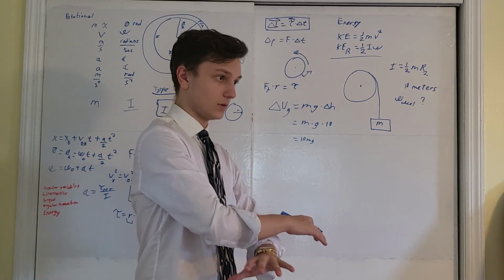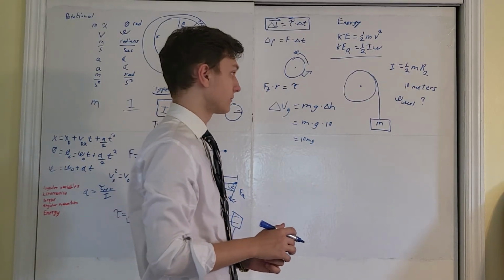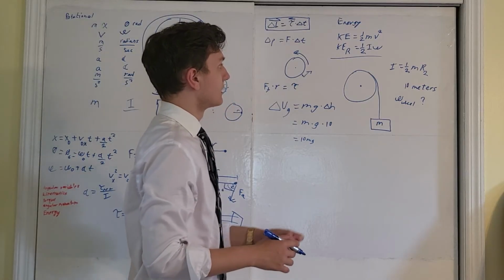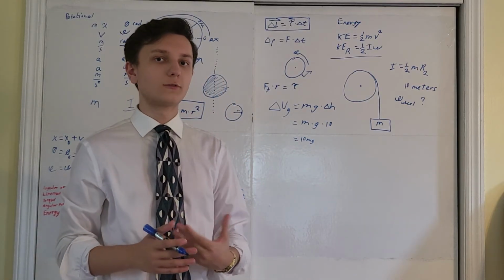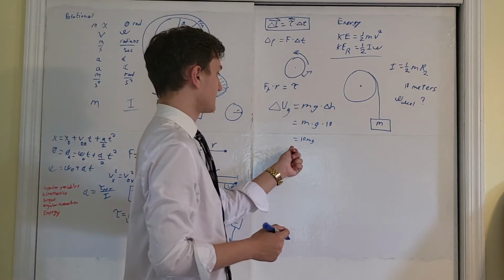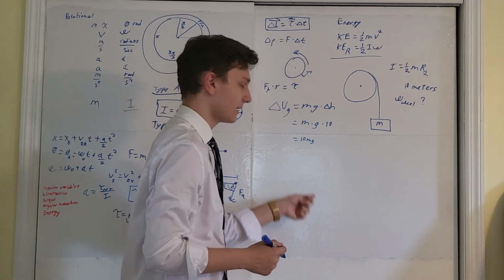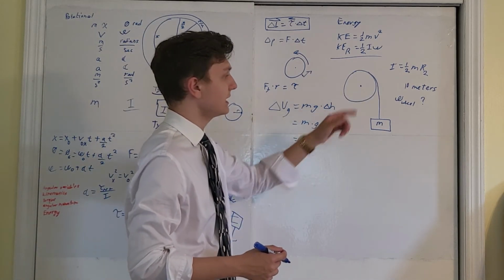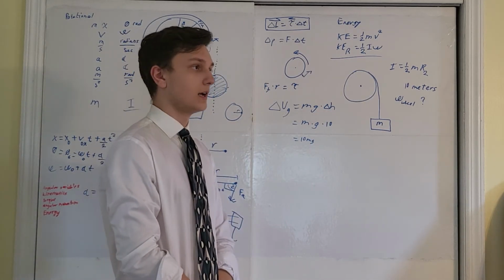There's no more gravitational potential energy for us to work with, so it has to have gone somewhere. Now, what kids will wrongfully do from this point is say, oh, if 10 mg of gravitational potential energy was expended, it means I must now have 10 mg of rotational kinetic energy.